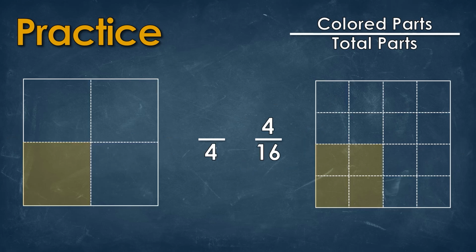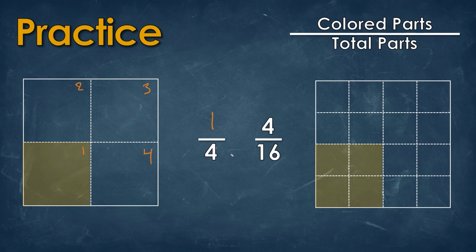Looking at this one, now our missing value is for our square on the left, not on our right. Okay, well, let's just count. Do we see that this is 1, 2, 3, 4? Okay, so we have 1 colored part versus a total parts of 4.